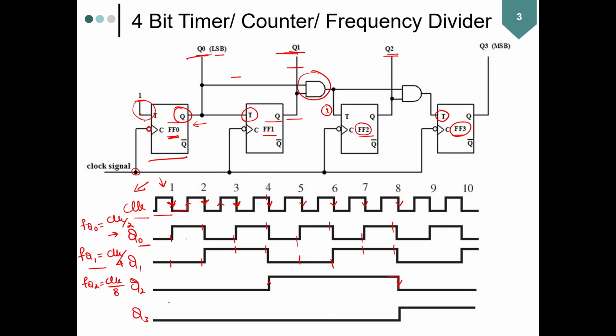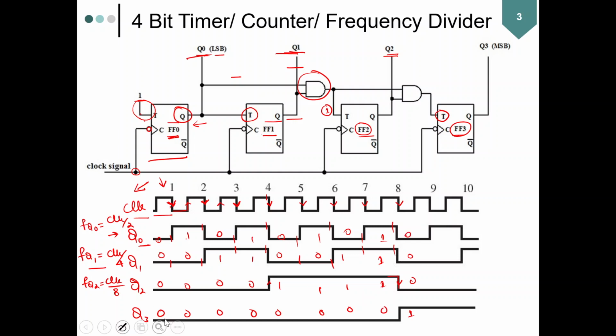Now the important thing is, let's just give them numbers: 0, 0, 0, 0, then 0, 0, 0, 1, then 0, 0, 1, 0, then 0, 0, 1, 1, then 0, 1, 0, 0, then 0, 1, 0, 1, 0, 1, 1, 0, 0, 1, 1, 1, and then 1, 0, 0, 0.